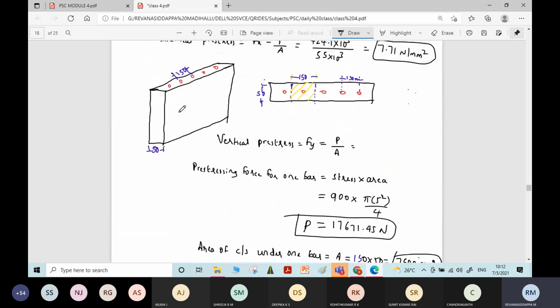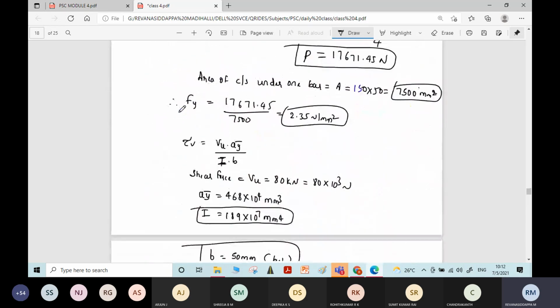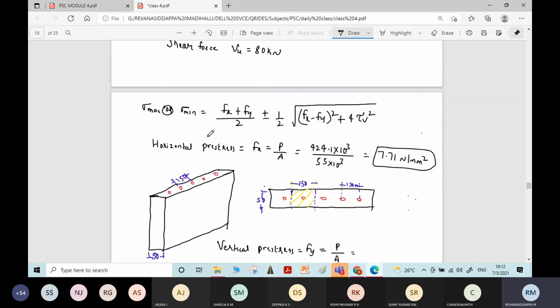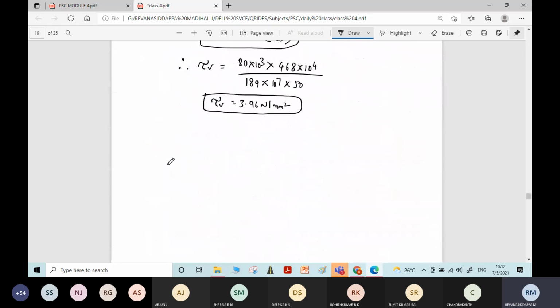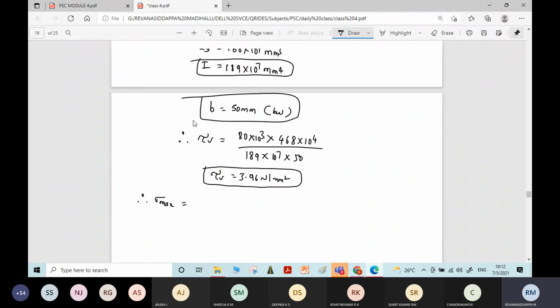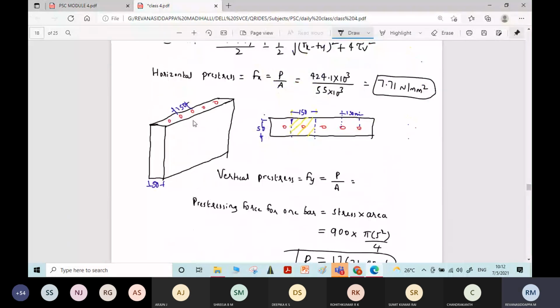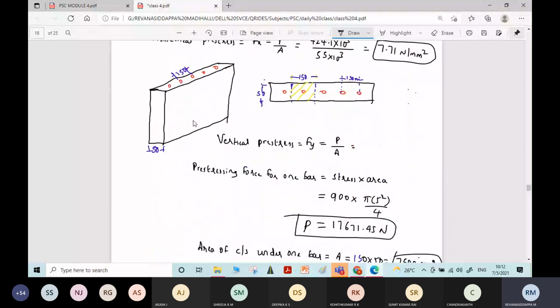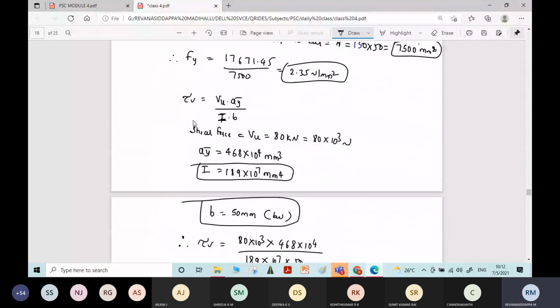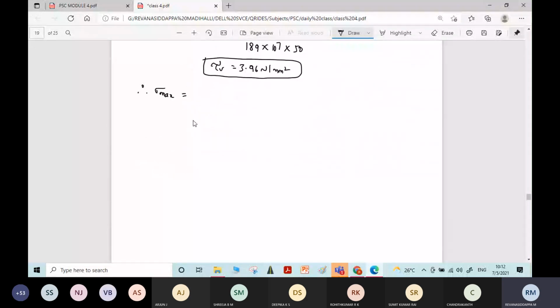I think now you can calculate sigma max and sigma minimum. Fx is known, Fi is known, tau V is calculated, just calculate it. Therefore, sigma max is equal to Fx plus Fi whole divided by 2 plus half of root Fx minus Fi whole square plus 4 tau V square. Fx is 7.71, Fi is 2.35.